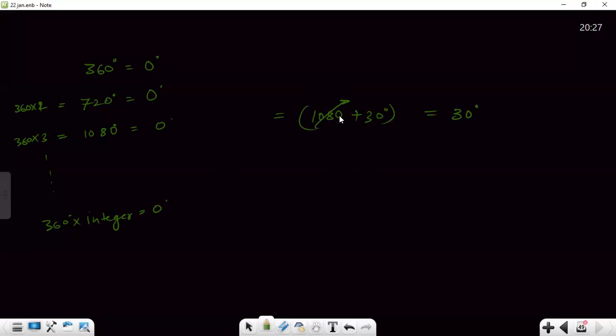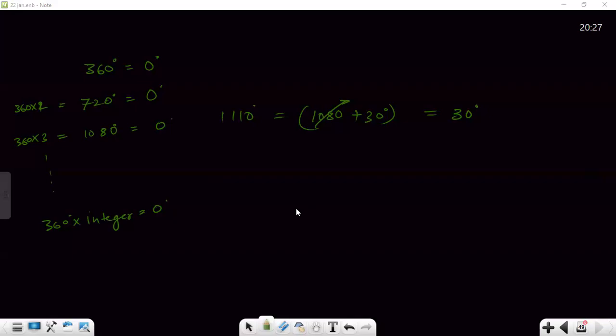If we sum both of these, 1110 degrees is equivalent to 30 degrees. Is that clear? Because after every 360 degrees, a cycle is completed. Clear or not?